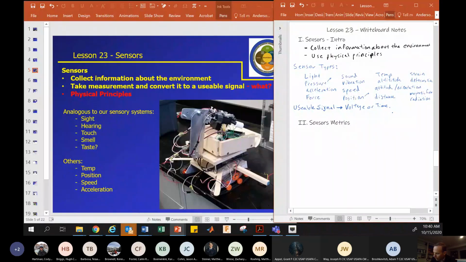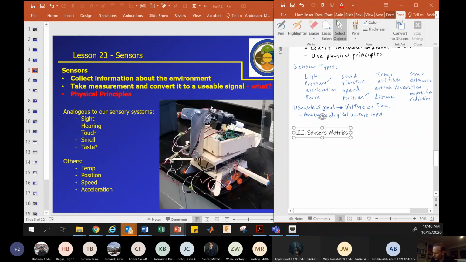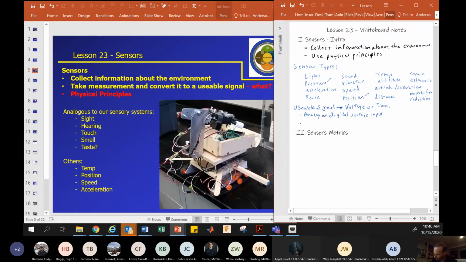So we can have analog or digital voltage input, and a microcontroller.